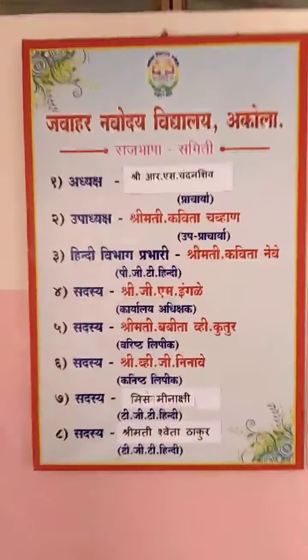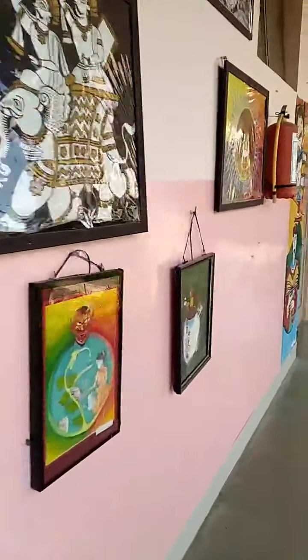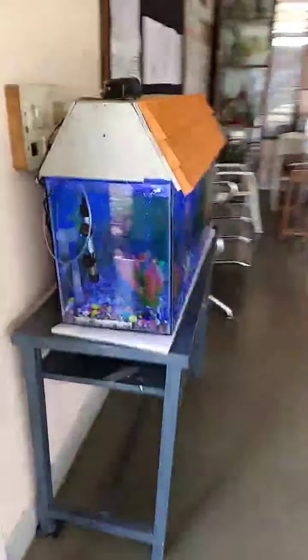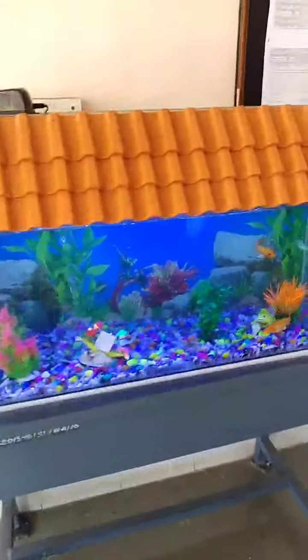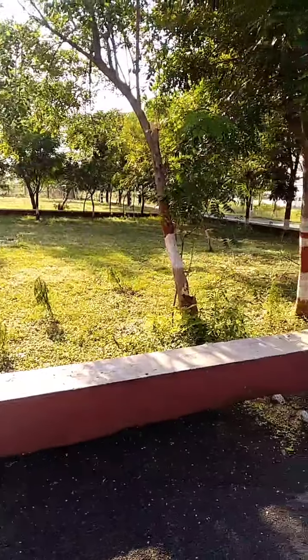So this is the Hindi committee. This is the preamble of the constitution. At my left there is the staff room, and these are display boards where paintings are displayed. This is the library, and again we are at the waiting room.